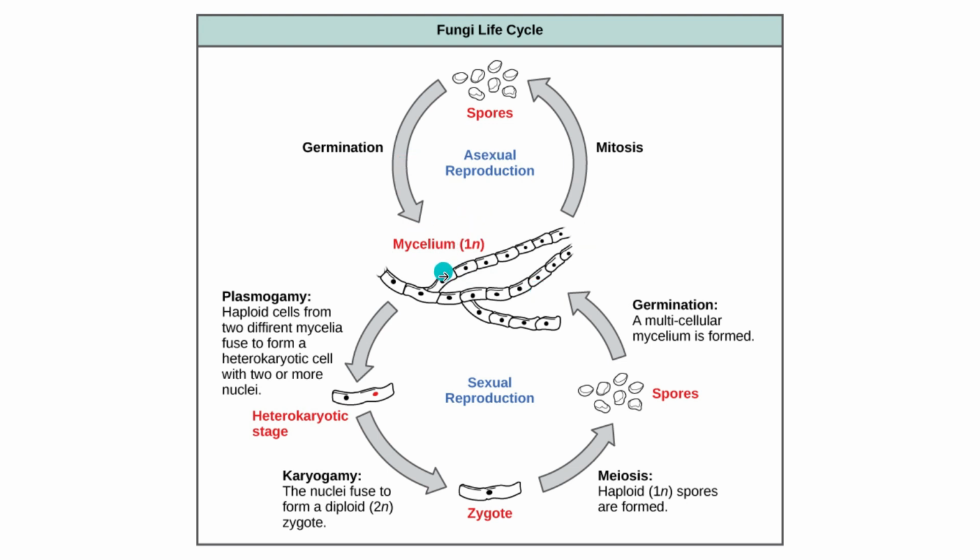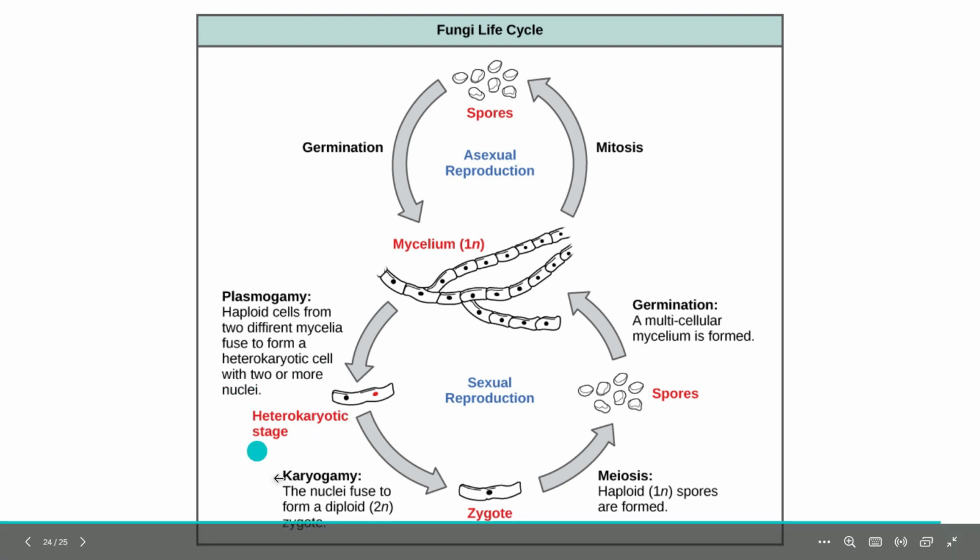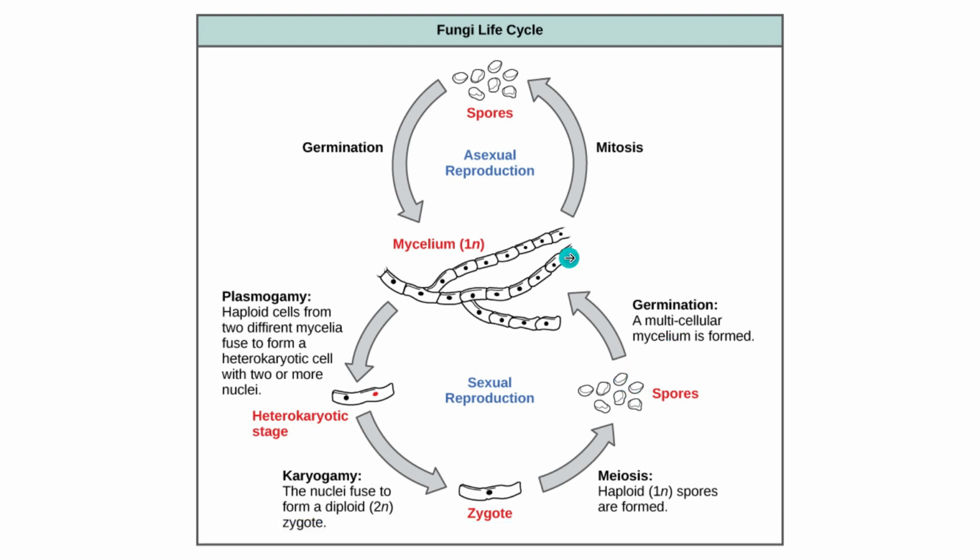Whereas this mycelium undergoes plasmogamy, wherein haploid cells from two different mycelia fuse to form a heterokaryotic cell with two or more nuclei. This heterokaryotic stage undergoes karyogamy, the fusion of nuclei to form a diploid zygote, and this zygote undergoes meiosis to form spores, and each individual spore tries to germinate.